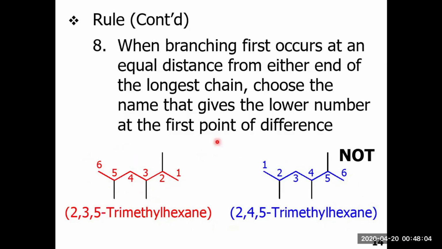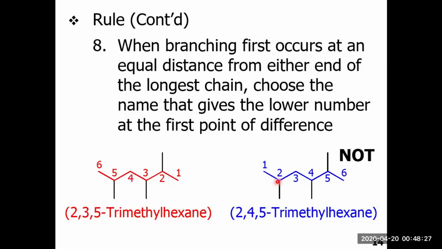How will I break the tie? Choose the number that gives the lowest number at the first point of difference. So in this case, if I count from here, it's 1, 2, 3. If I count 1, 2, there's no point of difference because in this case, 2 and 2.